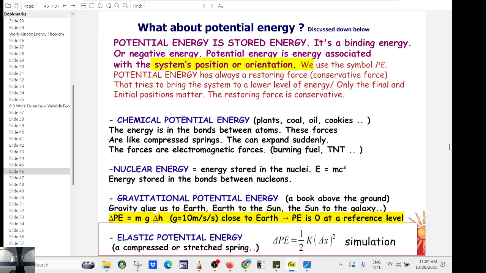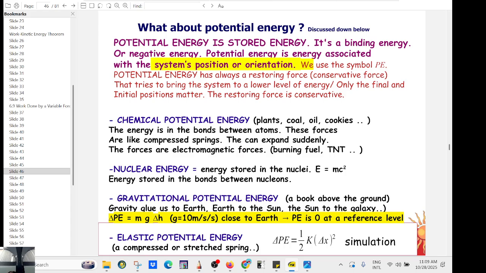So any potential energy, for example elastic potential energy or gravitational potential energy, is energy that will be stored and that you can retrieve, okay? So if I let go, all that potential energy will be going into kinetic energy, so I can get it back.